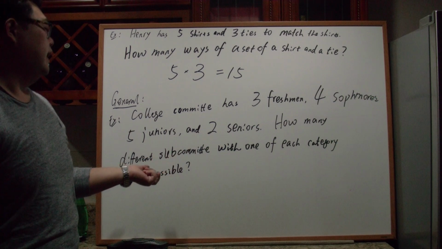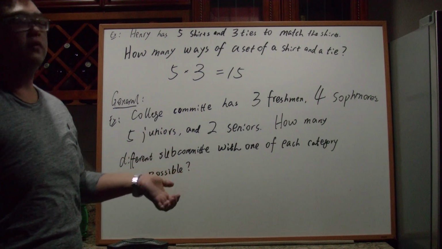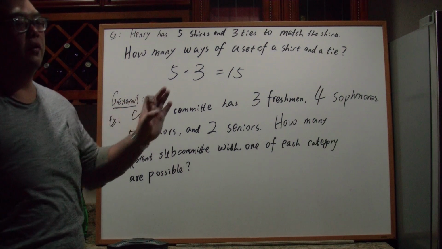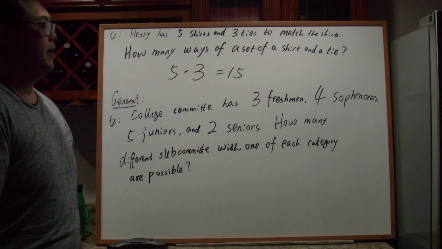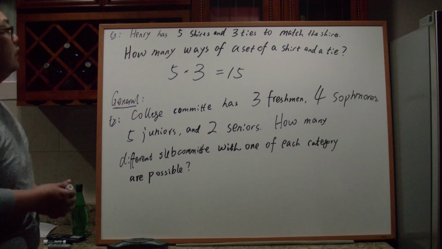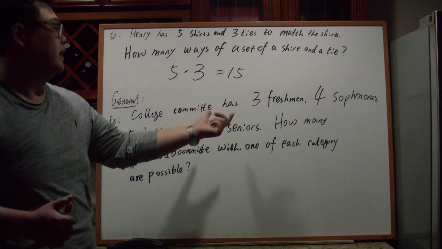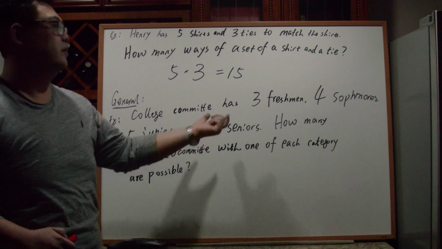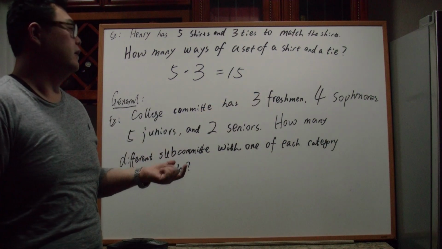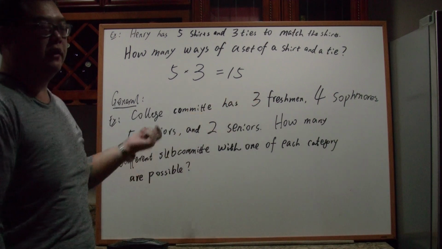Right, so when each one is selected in different ways, it's just like extending our experiment to 1, 2, 3, 4, all the way to maybe k different experiments. Now here we have 4 categories considered as 4 experiments, each with a different number of outcomes: 3 outcomes from freshmen, 4 outcomes from sophomores, and so on.